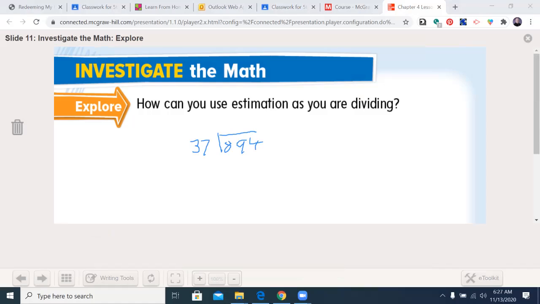What we're talking about here is rounding this first digit to a 4 and saying how many times will 4 go into the first digit here of 8. Granted, we're still going to be putting it right here. 4 goes in 8 twice.